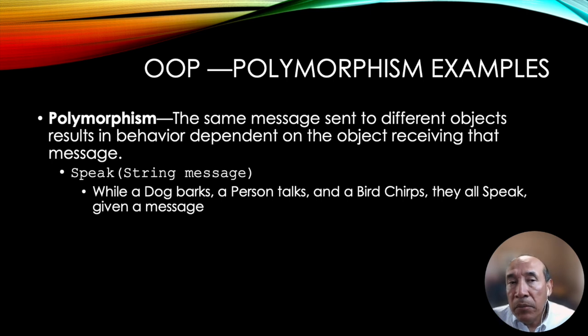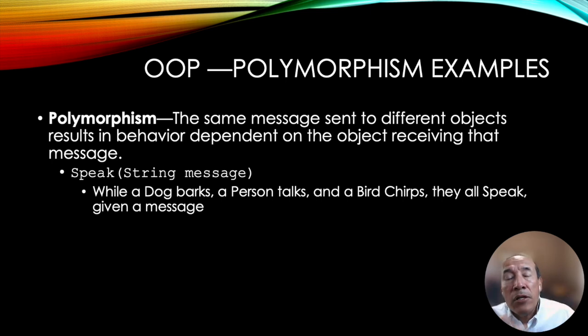They all have something in common. And if you give me a message and you tell me to speak, depending who I am, I will do what I need to do to get that speak to happen. A dog is going to bark, a person is going to talk, and a bird is going to chirp. They all are speakable. They will all speak, but they're going to do it differently depending who they are.